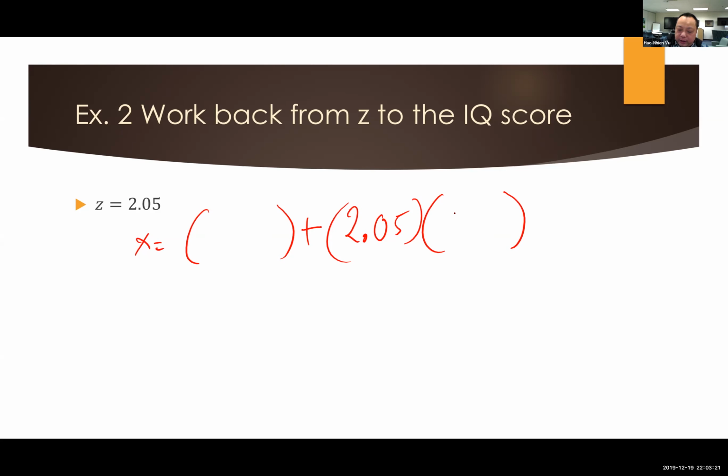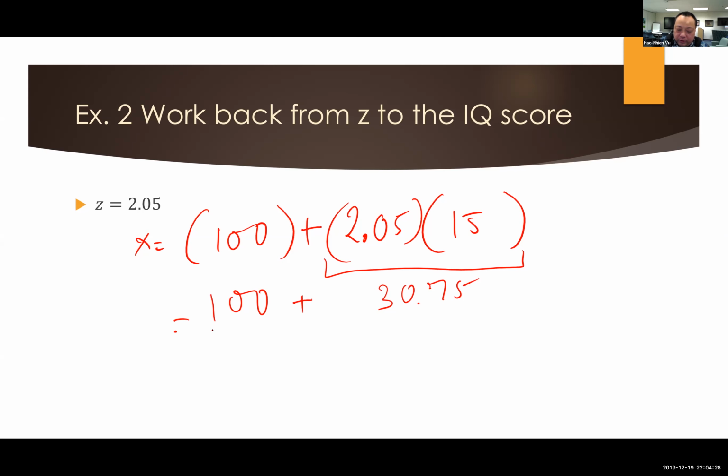Okay, 2.05 standard deviations from the mean. So I multiplied this out. 2.05 times 15 is 30.75. So it's 100 plus 30.75, so it's 130.75. Okay. All right, so that's how it works.